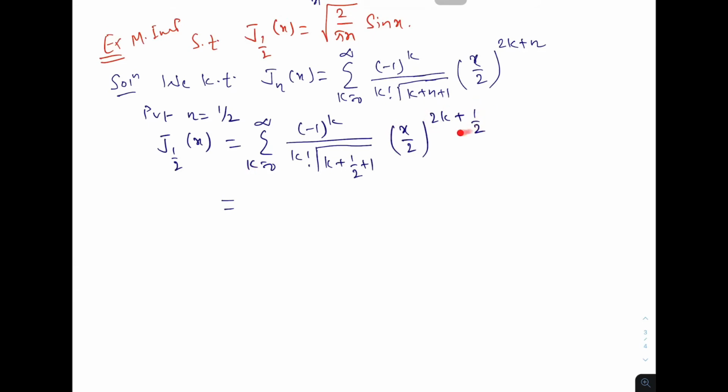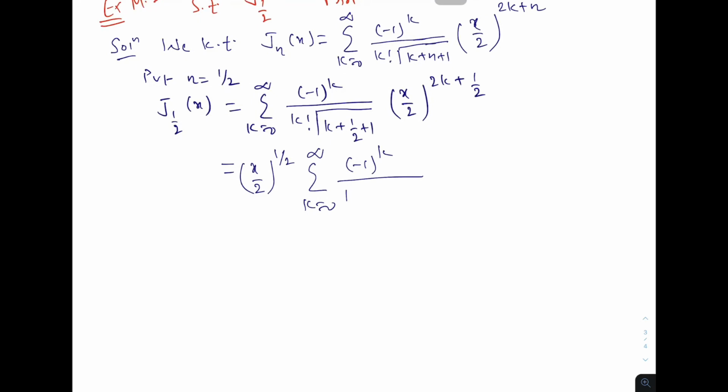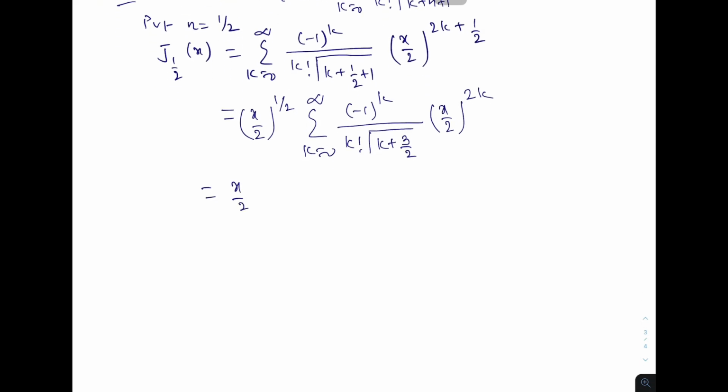So this is (x by 2) power 1 by 2 times the series k equal to 0 to infinity, (-1)^k over k factorial, and this is gamma(k plus 3 by 2), and (x by 2) power 2k.